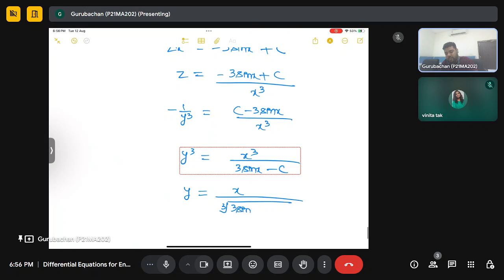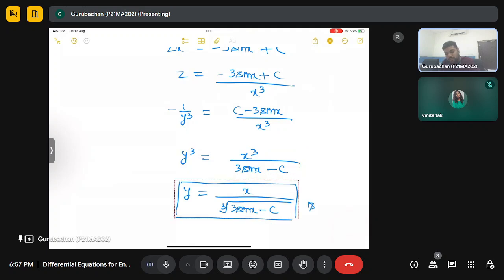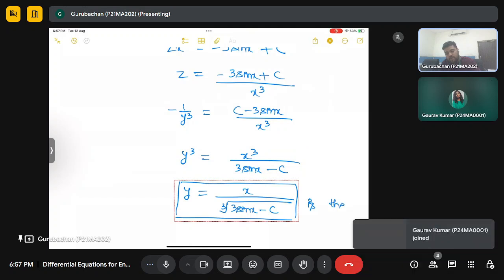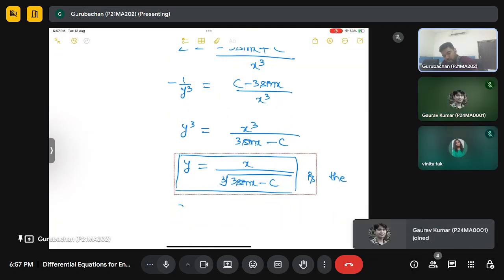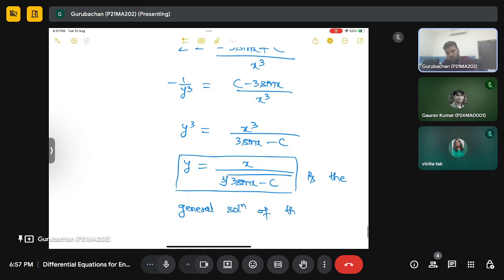This will be your general solution of the given equation.